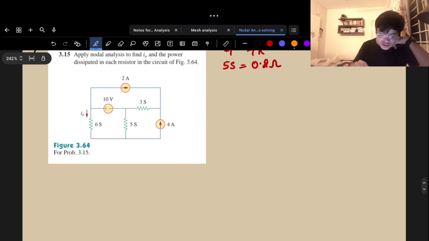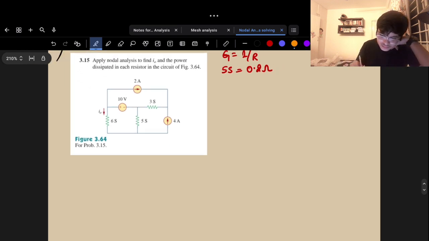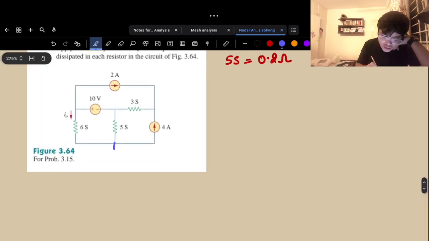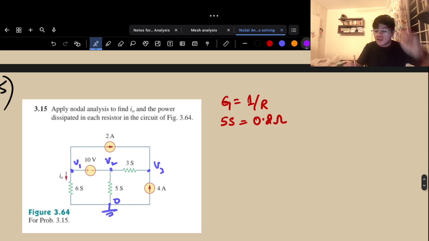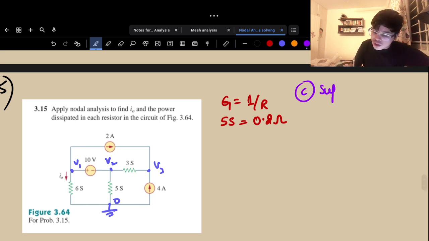Okay, let's solve this question. Now, I'll make this a 0. Okay, and I'll assume this as V1. Okay, and this is my V2 and this is my V3. Now, I will introduce a concept called a supernode.